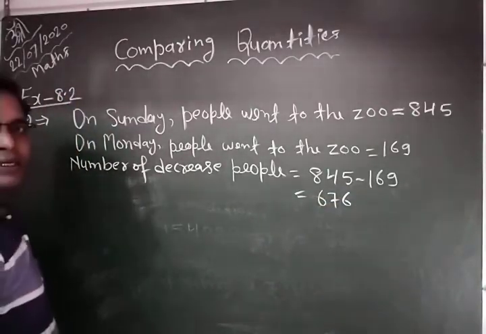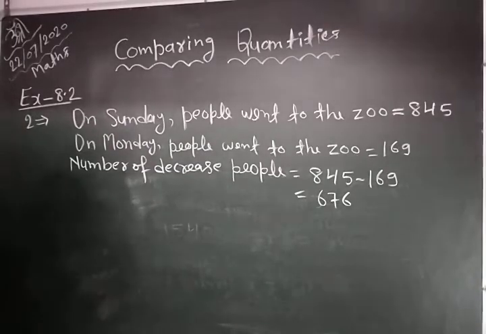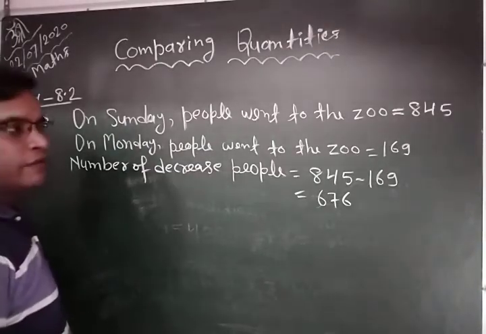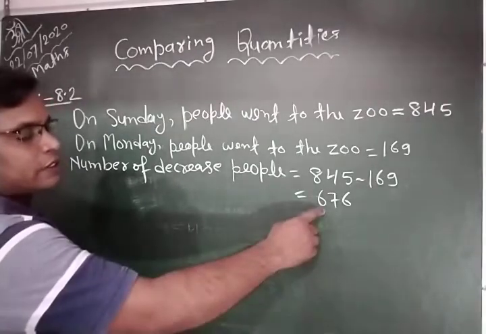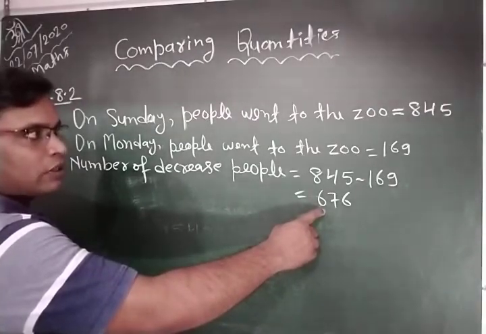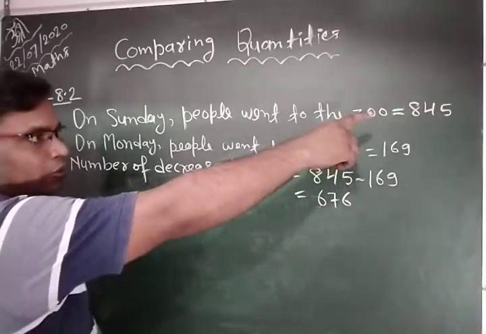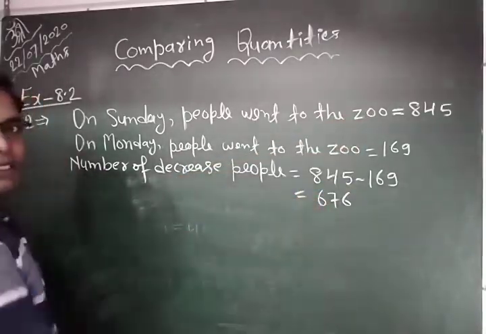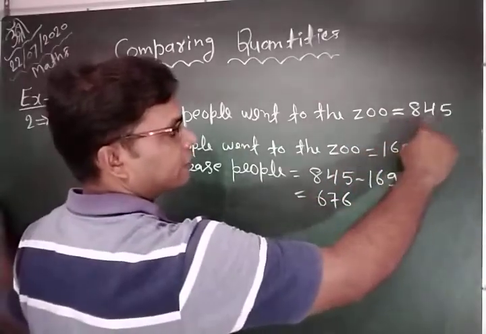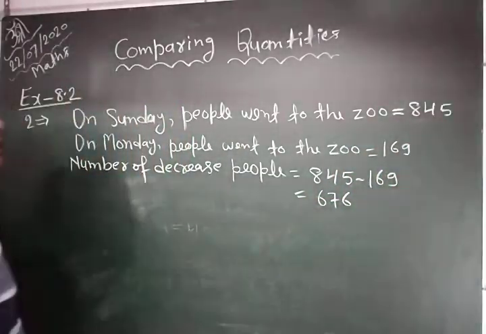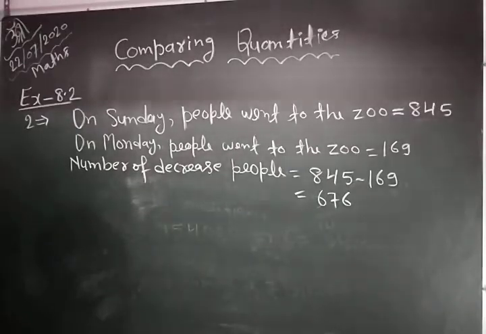Now you find the decrease percentage. What is decrease percentage? Decrease percentage is equal to decreased people by total people into 100%. Okay, because in this first day, 845 people went to the zoo.